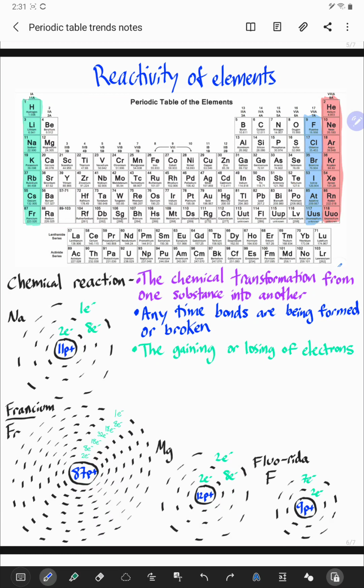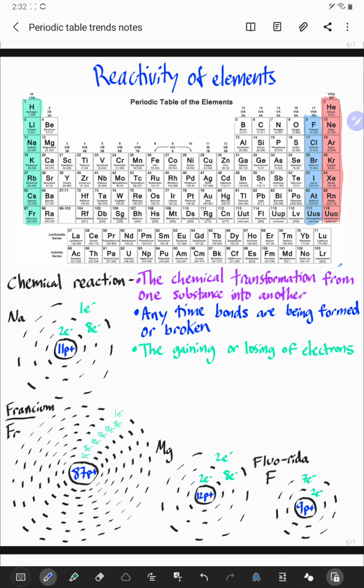Let's dive a little bit deeper and see, of these columns, which elements within these columns are the most reactive. So let's start with these over here on the left. So which elements of these group 1 elements, the column 1 elements, which ones of these are the most reactive?